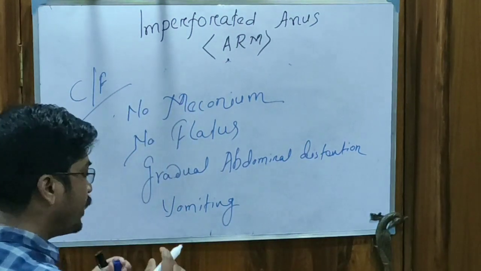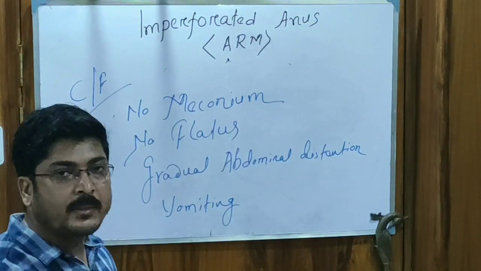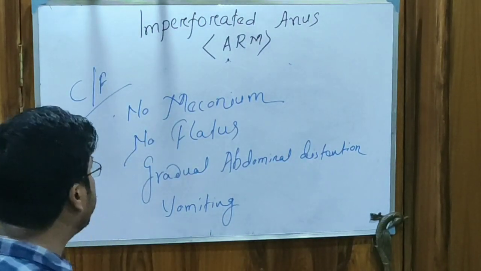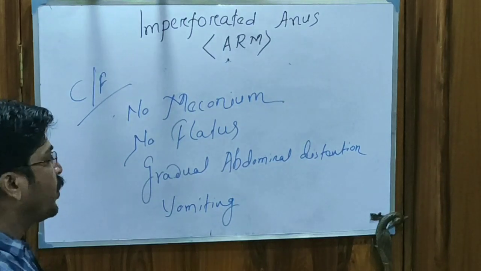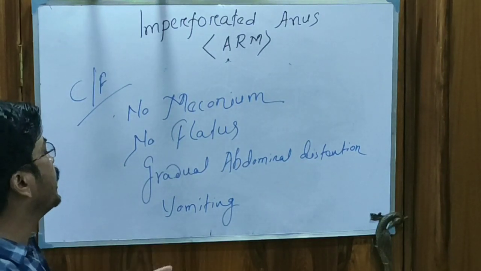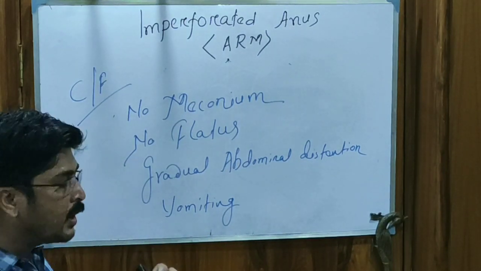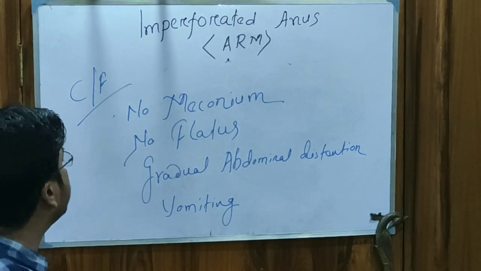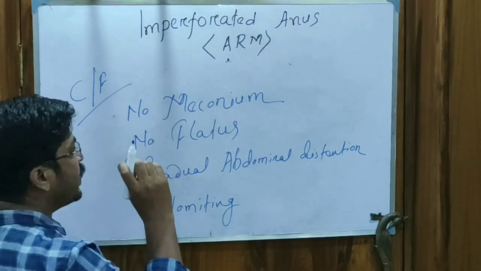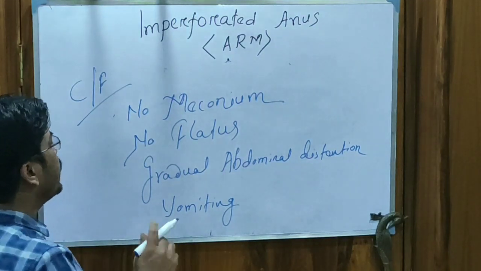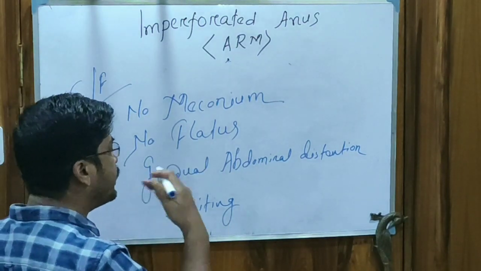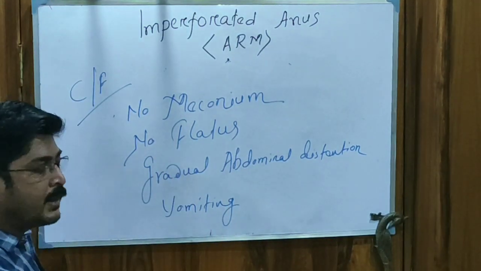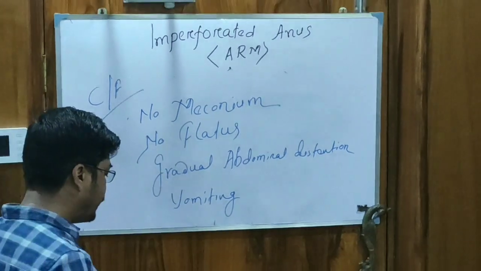So these are the presentations 1 to 2 days after birth. A baby born with no anal opening or very stenosed anal opening or ectopic anal opening may present with no meconium or just a point of meconium, no passing of flatus, gradual abdominal distension or vomiting. So these are the presentations.